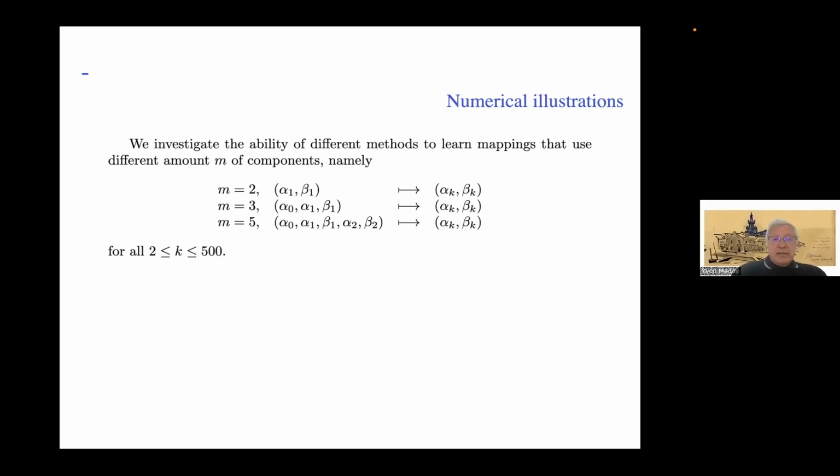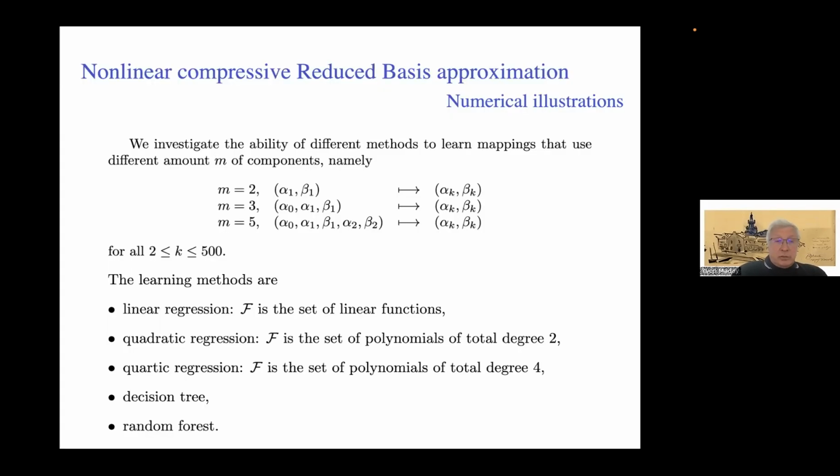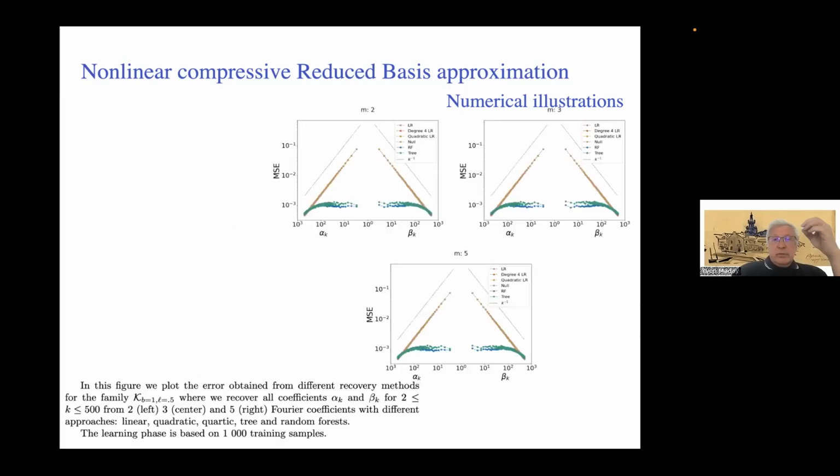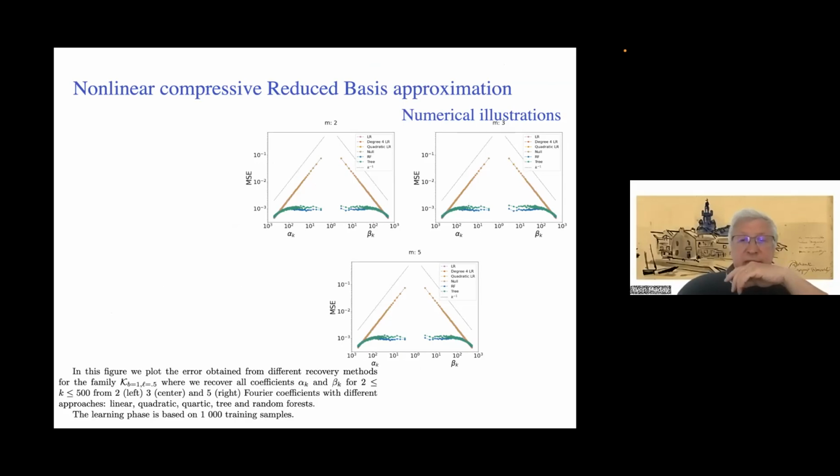This is what I obtain here by taking f as a linear function, a polynomial of degree 2, a polynomial of degree 4, or using a decision tree or random forest. This is what I get if I use 2 coefficients, 3 coefficients, or 5 coefficients.